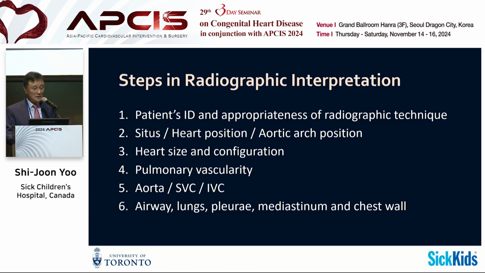Then look at the situs, looking at the gastric bubble and the larger lobe of the liver, and then heart position and aortic arch position. Then look at the heart size and configuration, and very importantly, pulmonary vascularity. Then also look at the aorta, SVC and IVC, and the rest of the thorax.